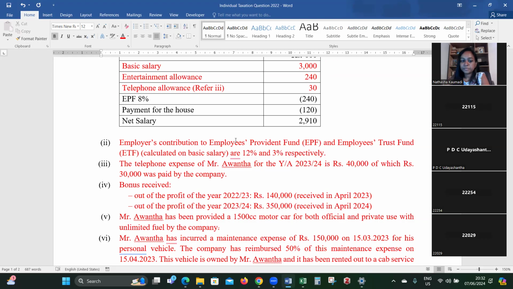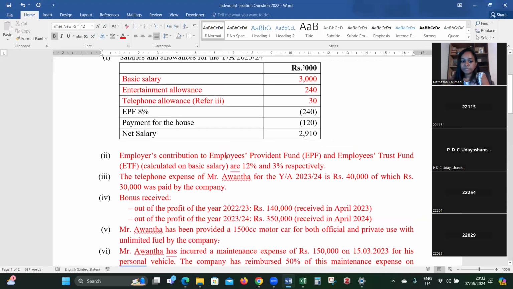If that is given, it would be there somewhere, but it is not deducted out of this 3,000. That 3% will be taken into account at the point of retirement as a retirement benefit. Yes, I hope that's clear. Just ask whether that is clear to them. Yes, that is a terminal benefit. Yes, it's clear.